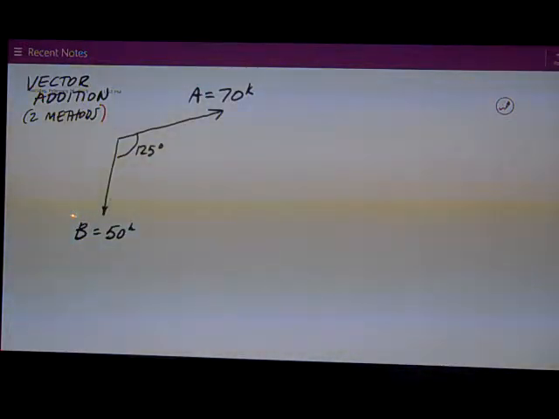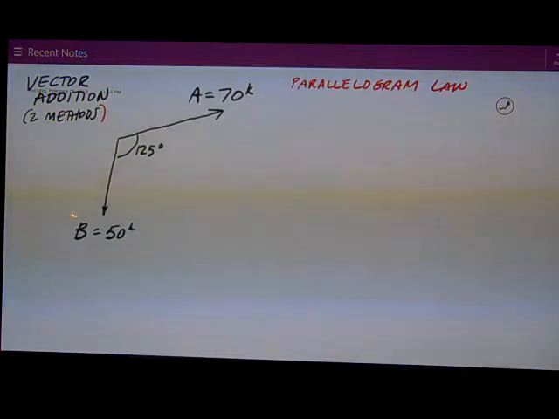I've got A at 70 kips and B at 50 kips, separated by a 125 degree angle. Try to draw my drawing to scale as close as I can get it. First method we're going to solve is by the Parallelogram Law. This is going to involve parallel lines and then using the law of cosines and the law of sines.